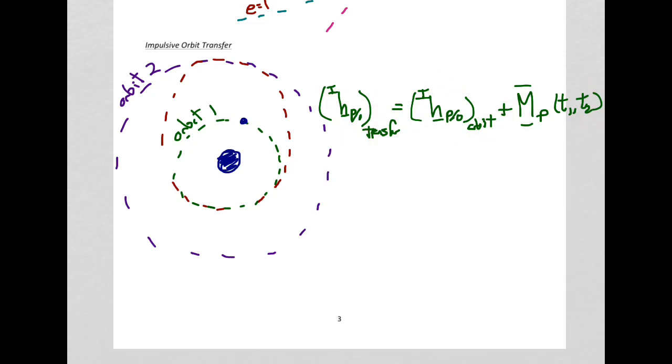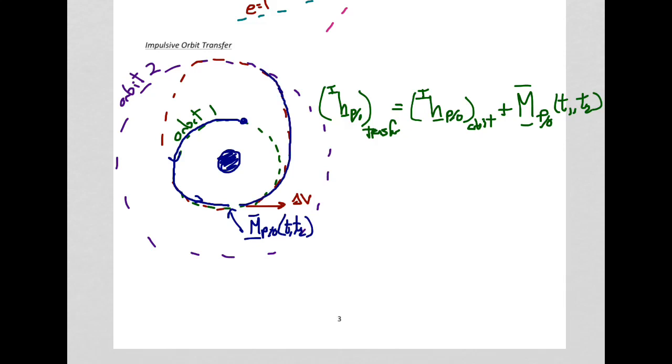How this would look is that if we're on this trajectory on orbit 1 and we get to this point, at the bottom, and we apply our angular impulse over that very short time, time 1 to time 2, our impulse has given us a new velocity, and so we're tracking along now into our transfer orbit.